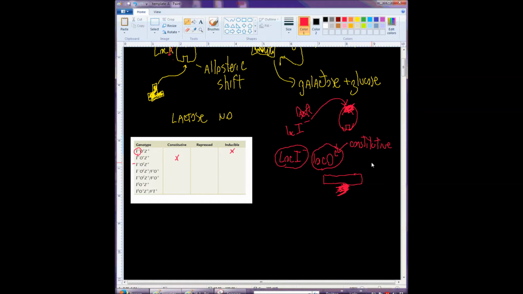Constitutively expressed. That means LAC-I cannot bind to the operator, and as a result, RNA polymerase is just going to keep transcribing those structural genes. So let's put another X here. Okay, we have 4 more to go.